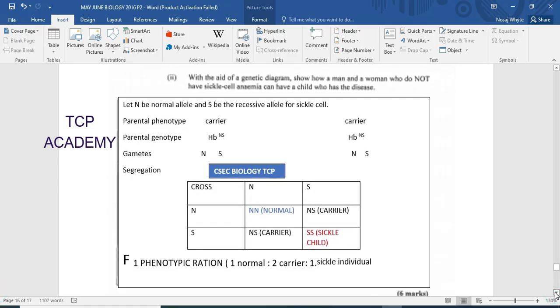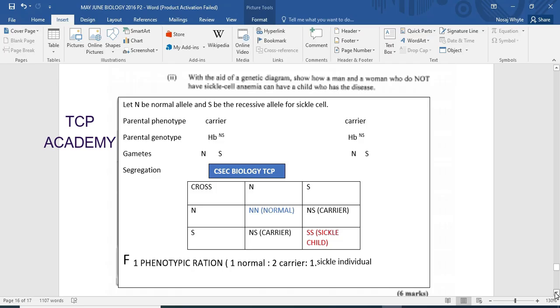In the box is everything that we need to do. First, we have to define the alleles. So let N be the normal allele and S be the recessive allele for sickle cell disease. Now one of the things we need to know is the rule for acquiring recessiveness.